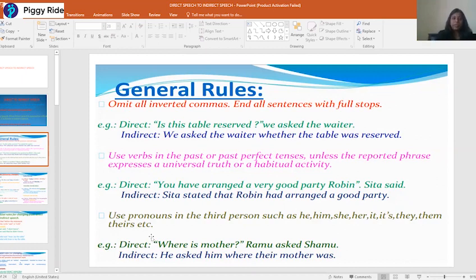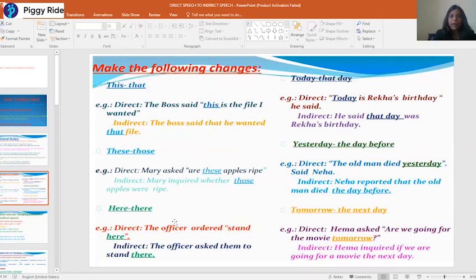Direct speech: "Where is mother?" Ramu asked Shamu. Indirect: He asked him where their mother was. Okay, so I hope the rules were clear to everyone. Let's go to the next part.